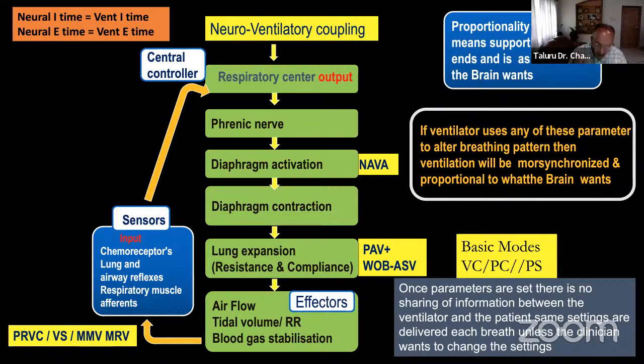But the basic understanding that you should have is even your proportional assist ventilation is pressure support based, whereas your adaptive support ventilation is pressure control and pressure support based. So all the modes are based on only these three modes. So if you ask me, there are only three modes in mechanical ventilation. The rest are all kind of a tweaking here and there, having a target system and ventilating.